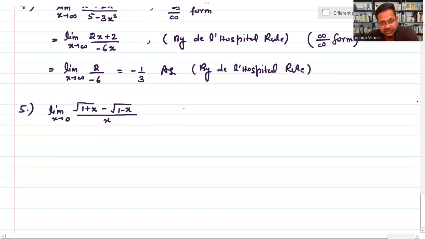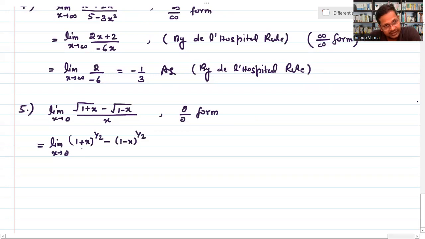So this is 0 upon 0. Okay, so you can take the derivatives of each. This is limit x tending to 0, this is (1 plus x) power 1 by 2 minus (1 minus x) power 1 by 2 divided by x. So let us take the derivative of the numerator and denominator.